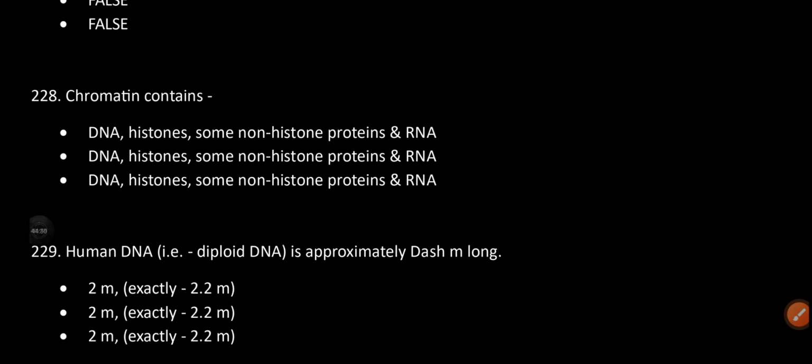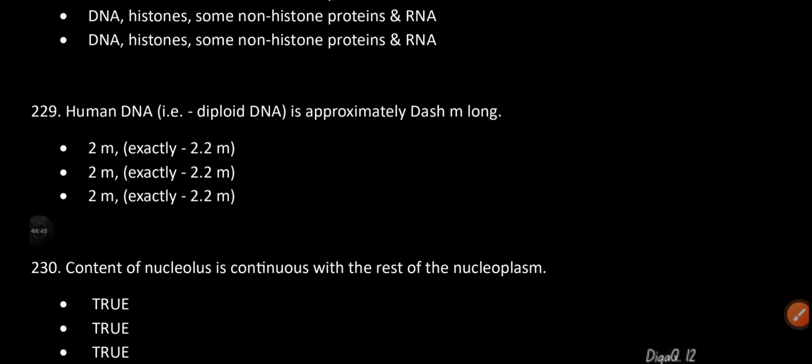Chromatin contains DNA, histones, some non-histone proteins and RNA. Human DNA, that is diploid DNA, is approximately 2 meter long, exactly 2.2 meter.